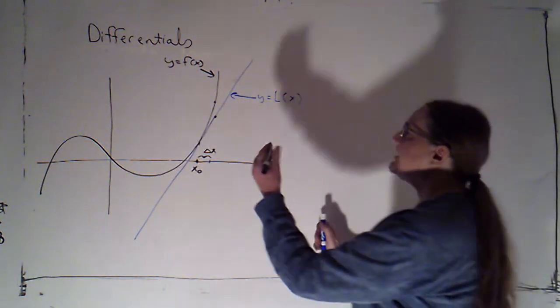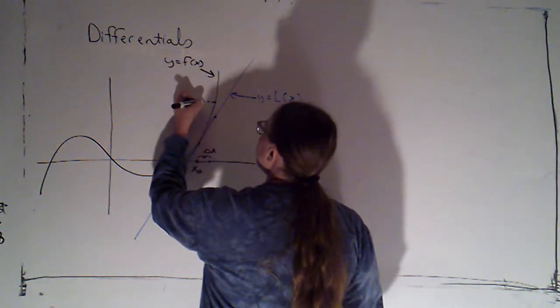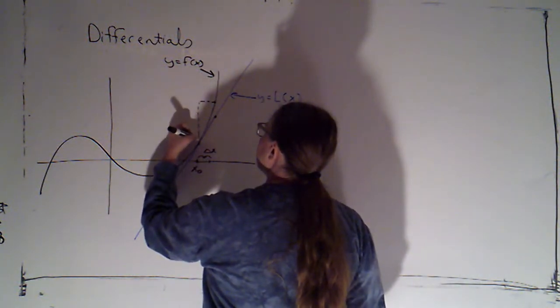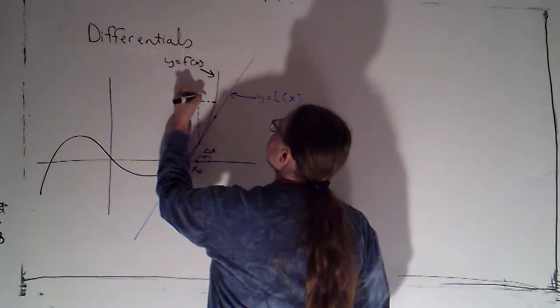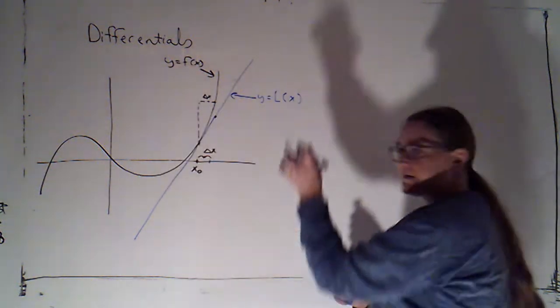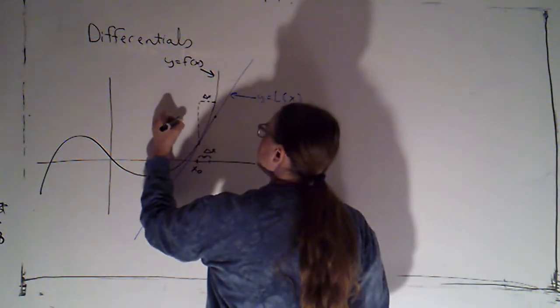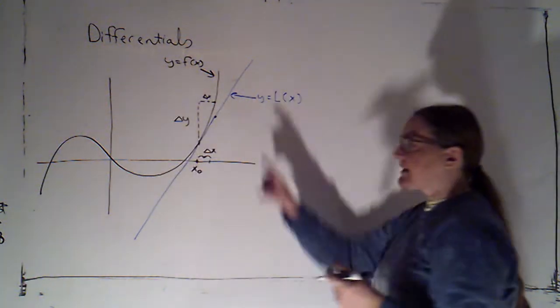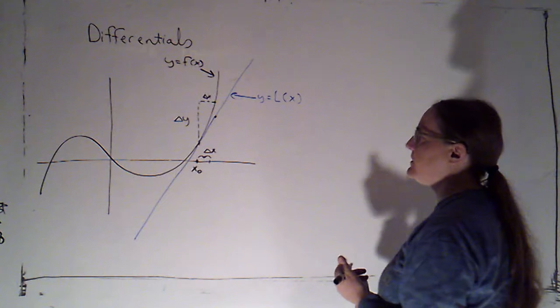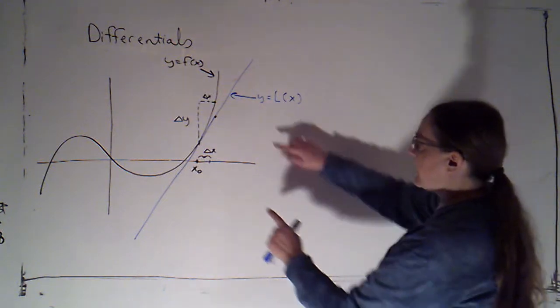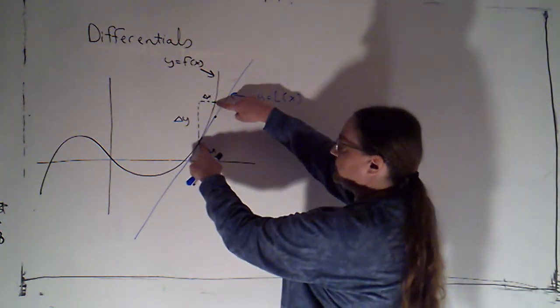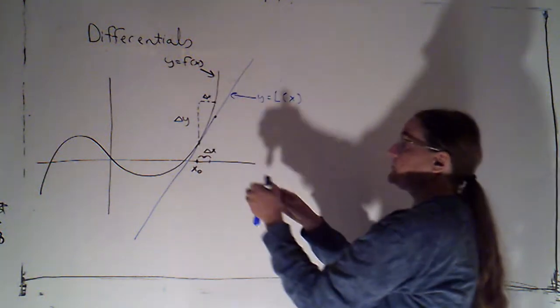Now on the graph of f, I can mark off here's delta x, that's the horizontal change between those points, and this would be delta y, that's the vertical change between those points. And to calculate that vertical change, I would simply have to calculate both y values and then subtract.